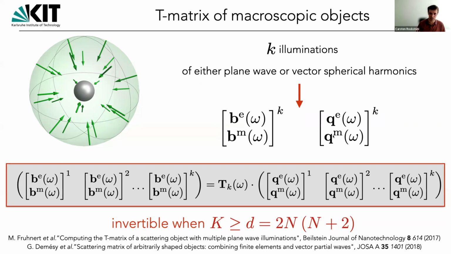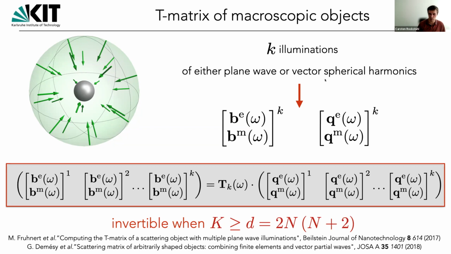Then you calculate the scattered field, expand it as well, and get a certain pair of incident and scattered field coefficients. That is something we have to do many, many times. Out of those many combinations of illuminations and scattered fields, you can reconstruct in a self-consistent manner the T matrix that is able to explain the data in a comprehensive manner.